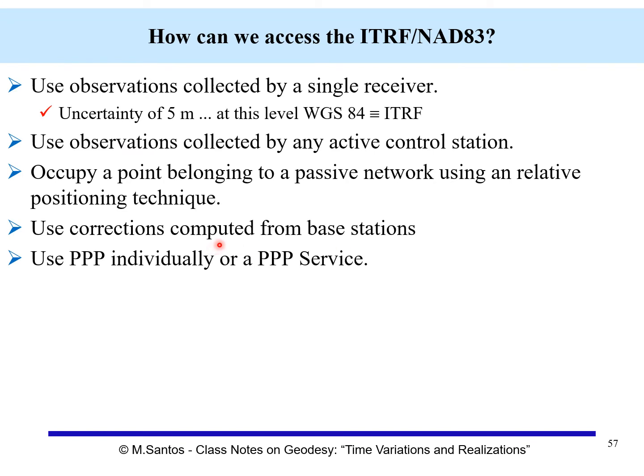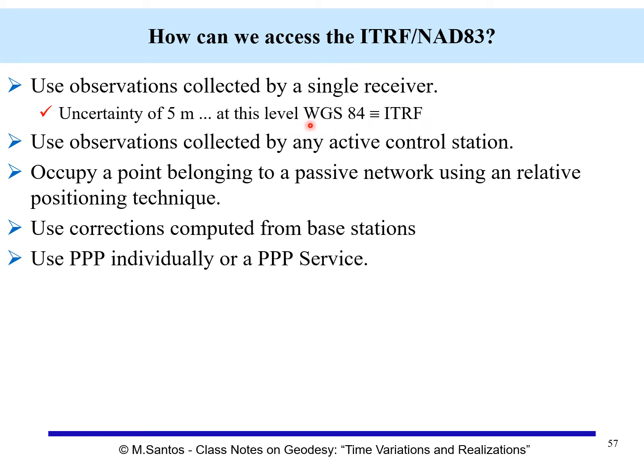So how can we access ITRF/NAD83? We can use observations collected by a single receiver. If we'll be at this 5 meter level, that's what I usually say. At this level, of course, the uncertainty of 5 meters, WGS84 is coinciding with ITRF.